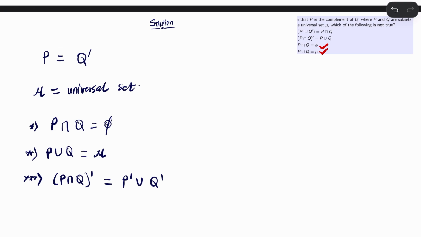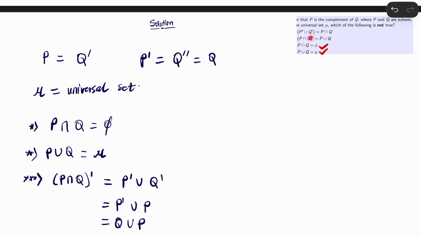And so we can rewrite this as P complement union Q complement is P complement union P. When we find the complement of P, we're going to have P complement is equal to Q complement complement, and Q complement complement is just Q, right? So P complement is equal to Q. So this is going to be Q union P. And so here, the second option is correct.